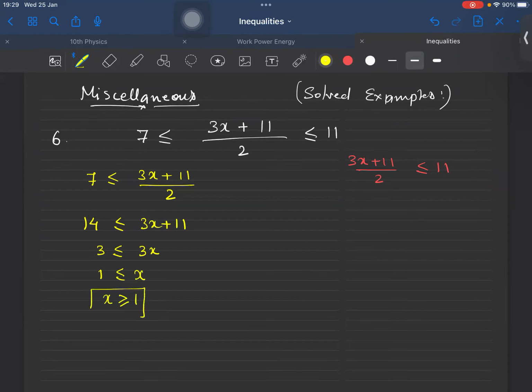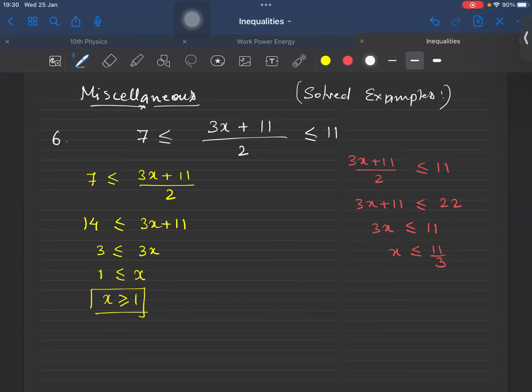So we got one solution from here. From the second, multiply by 2 on both sides, we get 3x plus 11 lesser than or equal to 22. Subtract 11 from both sides, we get 3x lesser than or equal to 11. Divide both sides by 3, we get x lesser than or equal to 11 by 3. So we have got 2 solutions.